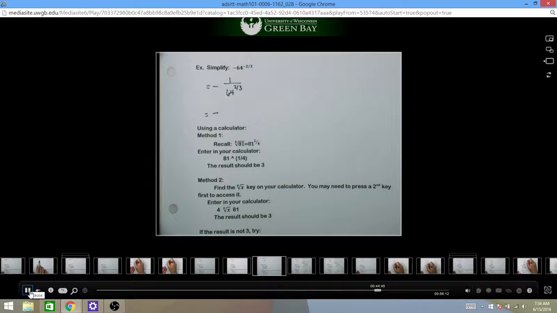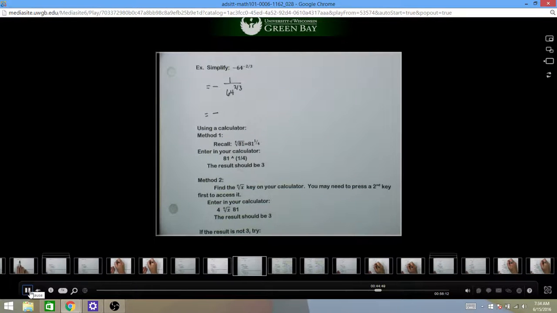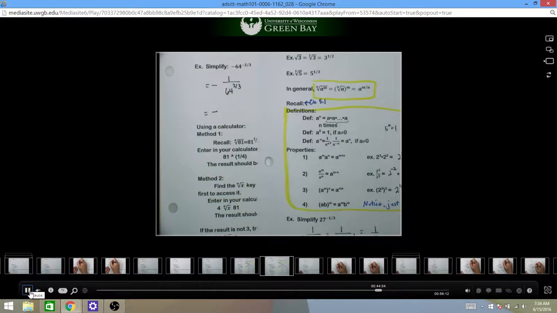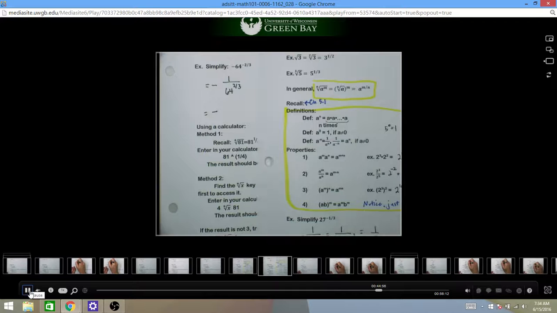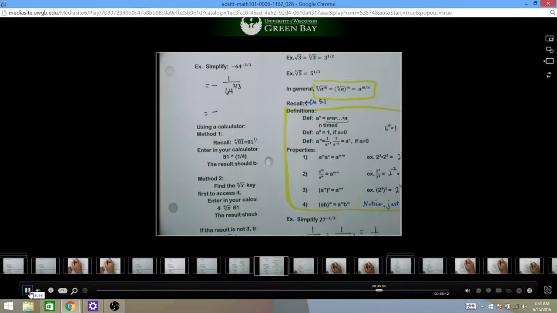Can you use this rule to rewrite that 64 to the 2/3 power, like we did with the 125?